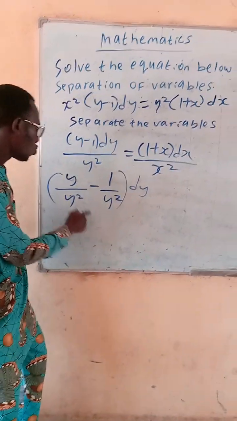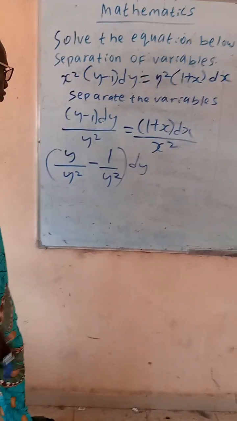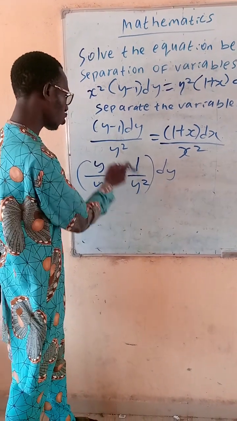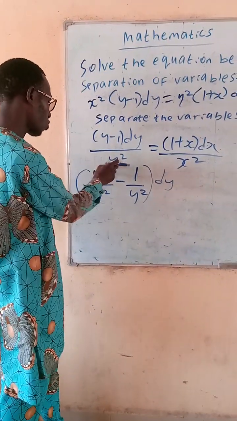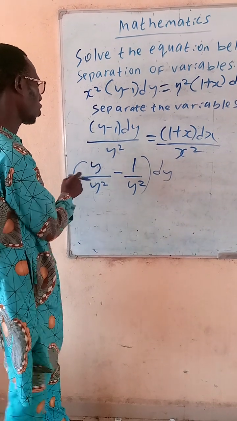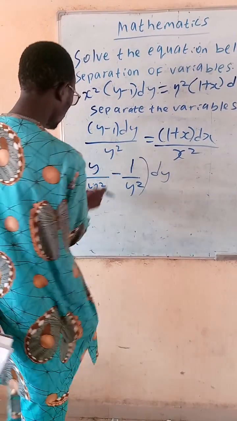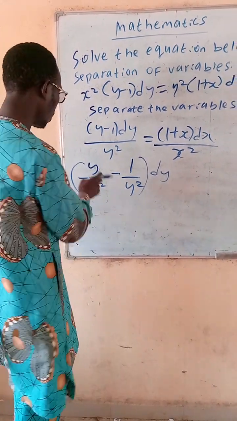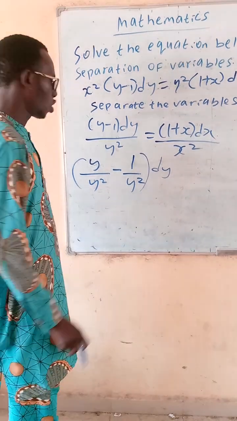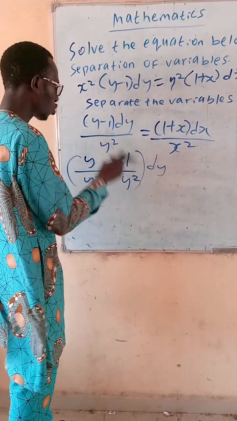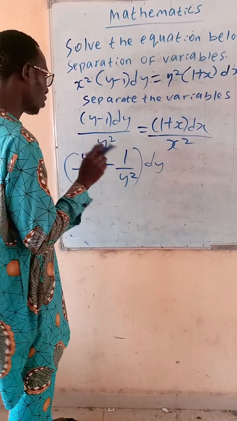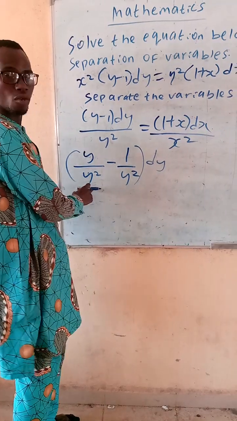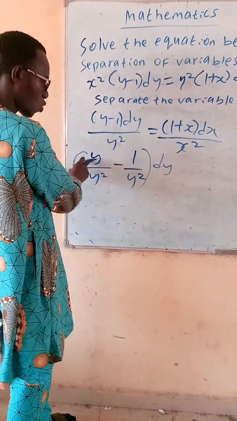When you find the LCM, which is y squared, y squared divided by y squared gives you 1, and 1 multiplied by y gives you y. Y squared divided by y squared gives 1, and 1 multiplied by 1 gives 1.